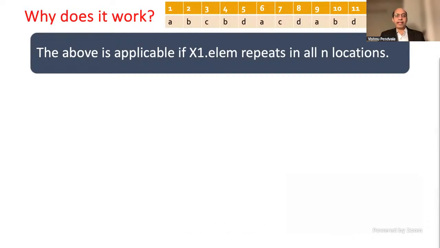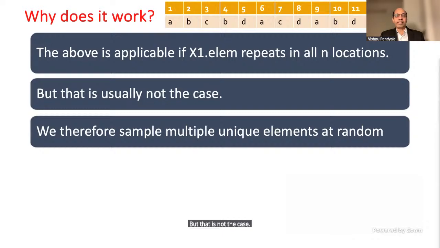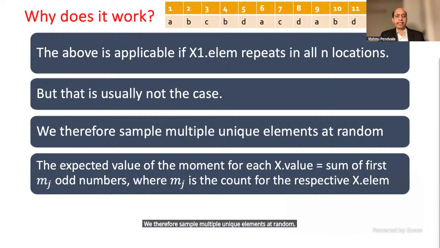The above is applicable if x1 dot element repeats in all n locations, but that is not the case. We therefore sample multiple unique elements at random. The expected value of the moment for each x dot value is equal to the sum of the first mj odd numbers, where mj is the count of the respective x dot element. Remember, if we do this process for every unique element, we get the exact moment.